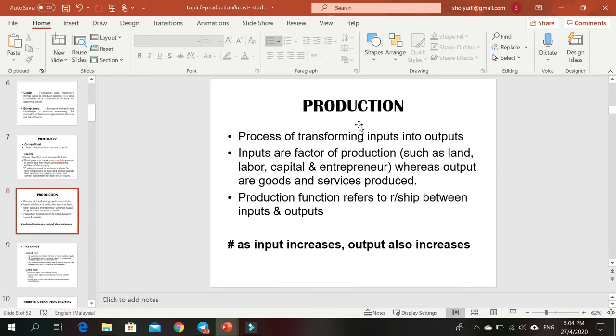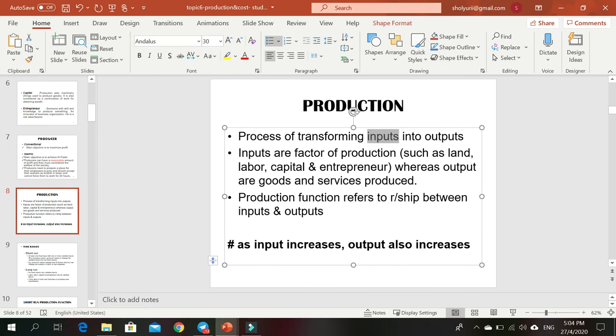Okay, so here kita explain balik. What does it mean by production? A process of transforming input, which is the land, labor, capital, entrepreneur, into output, which is the goods and services. Inputs are the factors of production, whereas outputs are the goods and services. Production function refers to relationship between inputs and output.